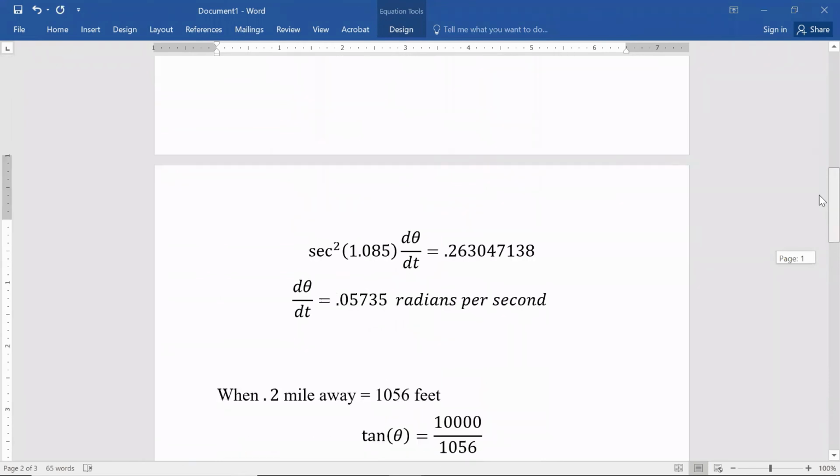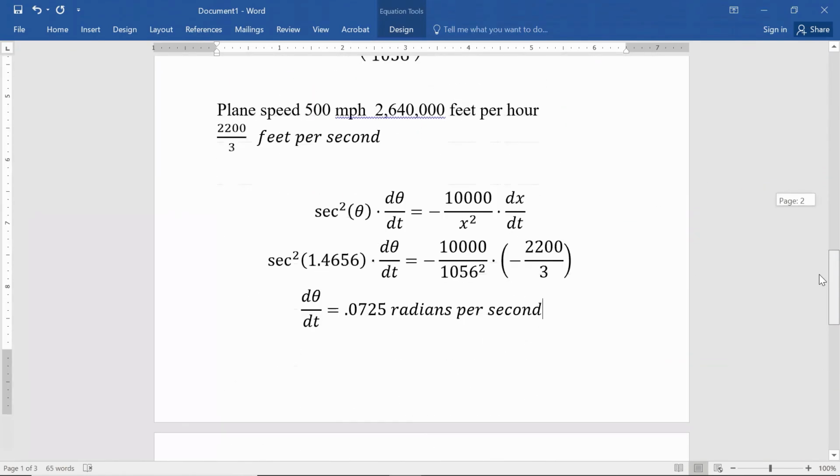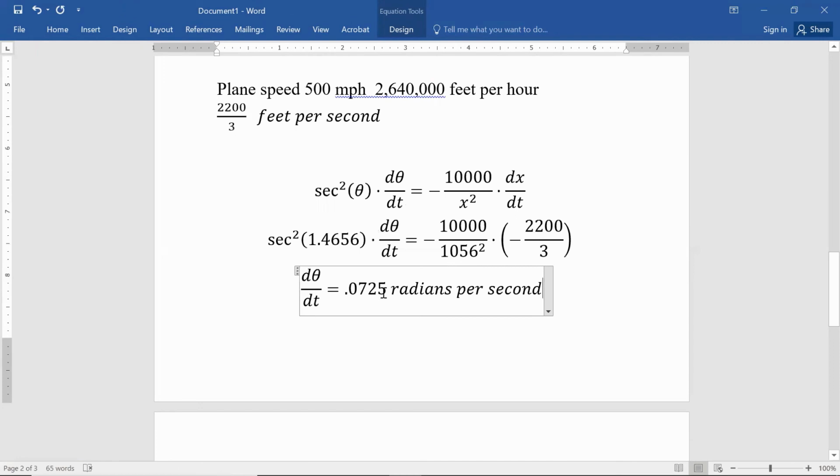If you compare that to what we did with 1 mile away, notice that when the plane is closer, the angle has to change at a much faster rate. We went from 0.05 radians per second to 0.07.